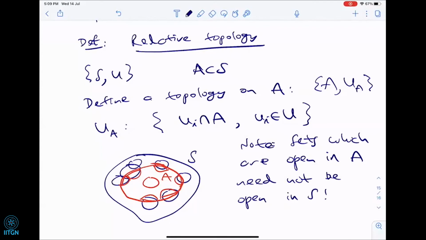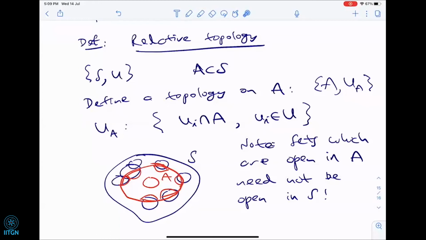These circular things were meant to be open sets in S, this kind of thing. But nobody said that this weirdly shaped set is an open set in S. It's merely the intersection of an open set of S with the whole space A. So if I refer this intersection back to S, it may not be one of the open sets in S in general. But it's an open set in A.